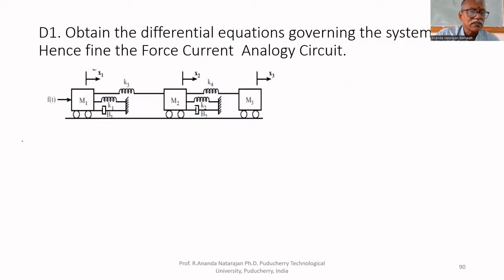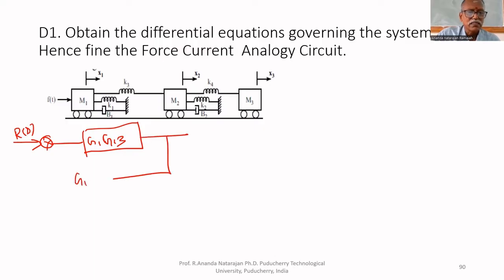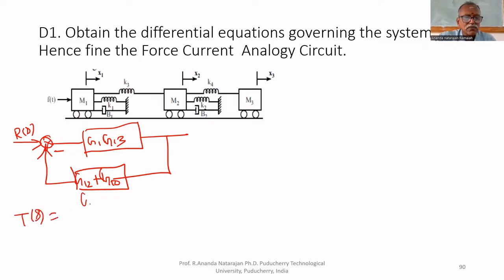Therefore, final transfer function is T of S equals the forward path transfer function upon 1 plus (G12 plus G10) multiplied by G1 G13.